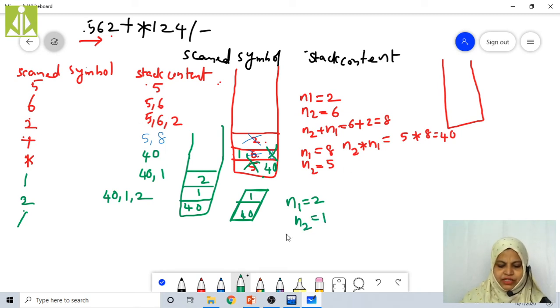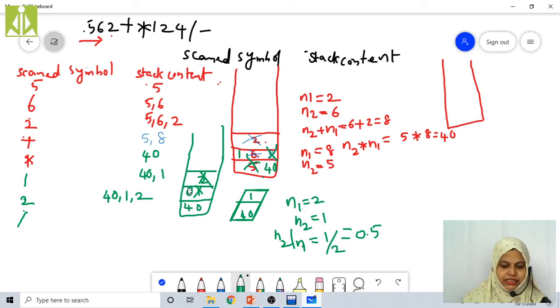So we divide n2 divided by n1. Here the n2 value is 1. 1 divided by 2. If I use the integer value, then my answer is 0. So here 0.5, if I represent it as an integer value, the answer is 0. So you have to insert this 0 here.